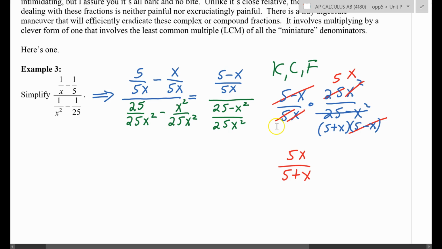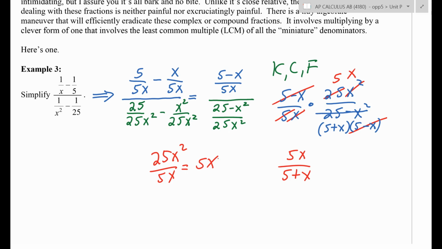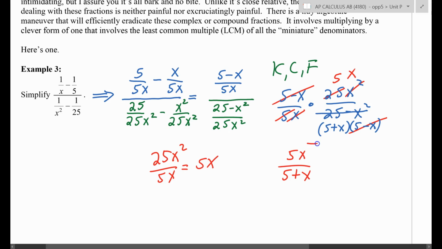This 25 and this 5 reduced to be 5, and x goes into x squared x times. What's x squared divided by x? So I just reduced. Basically, guys, the 25 and the 5 divides to be the 5, and x squared divided by x is x. Can I reduce any more of that, or is that it? That's it, right? Yeah, I'm done.